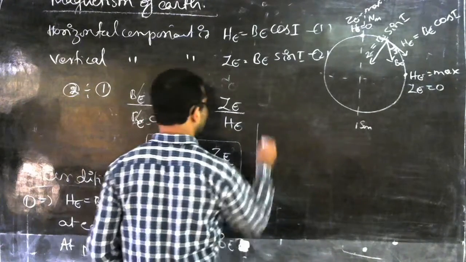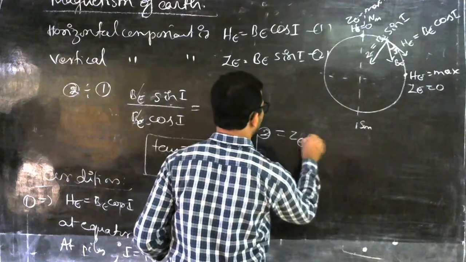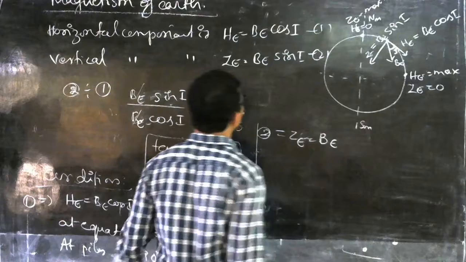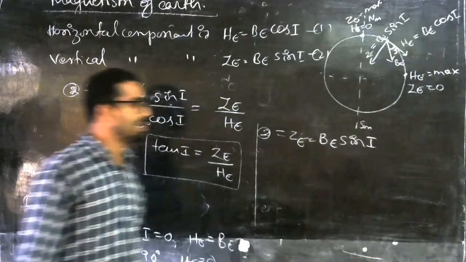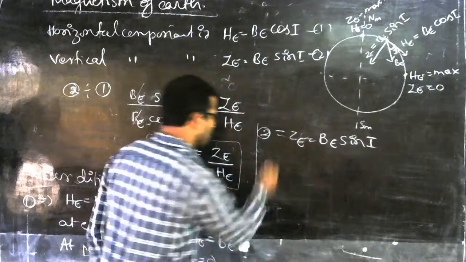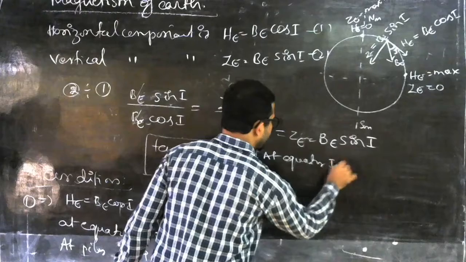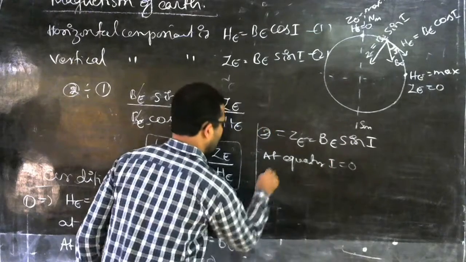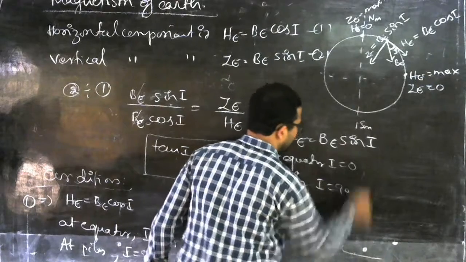The second case is equation 2, that is Z is equal to BE sin I. At the equator, I is equal to 0, and at the poles, I is equal to 90.